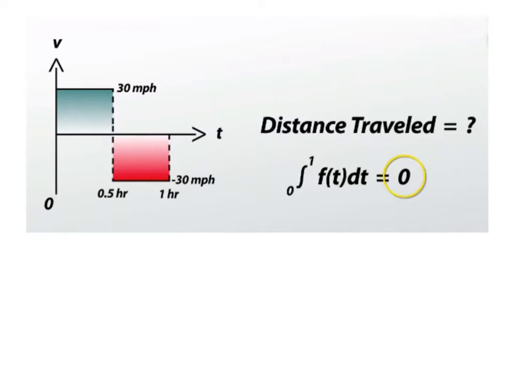Well, think about it if you did that. If you drove 30 miles an hour for half an hour one way, turned around and drove straight back at 30 miles an hour, you would end up back where you started from, right? That's what our integral here would tell us too.